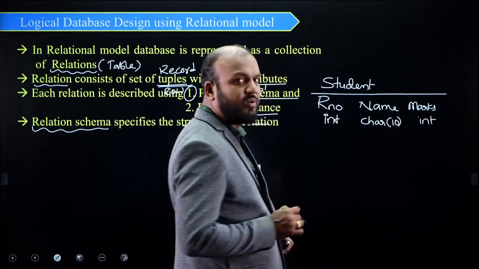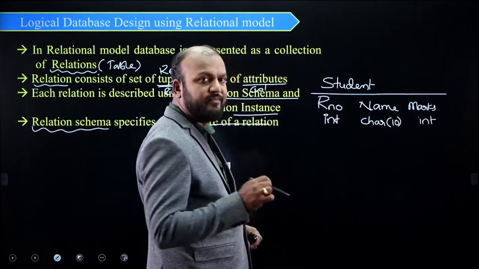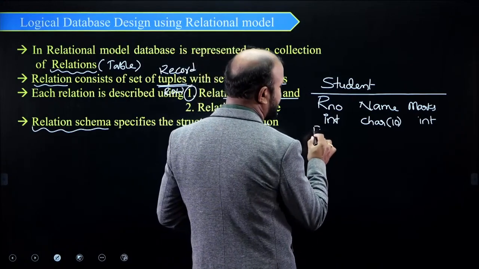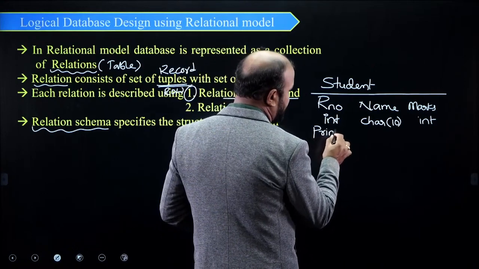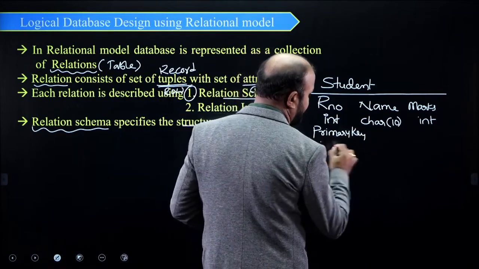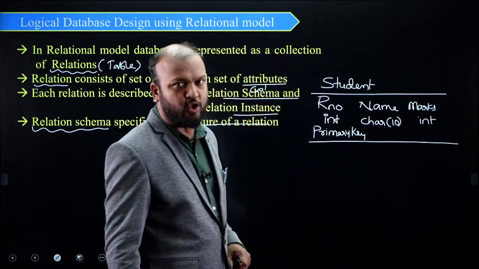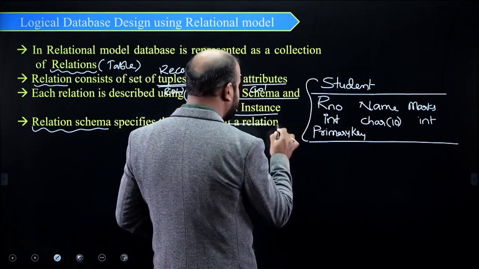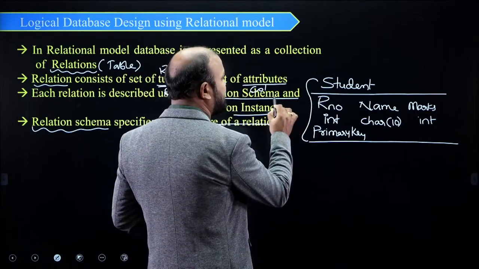And on roll number we would like to add a constraint. That constraint is called a primary key. The primary key means it should not allow any null value and should not allow any duplicates. This representation is called relation schema.